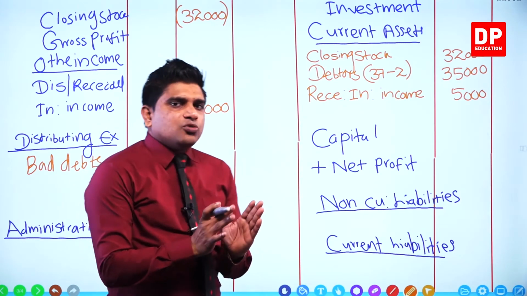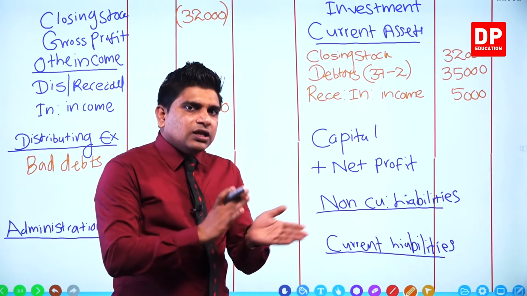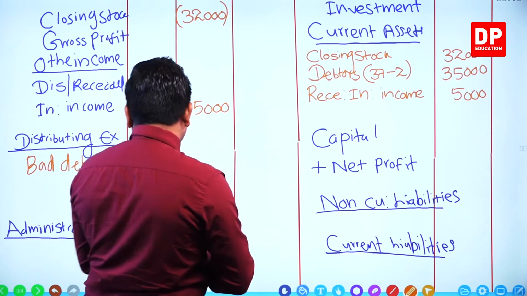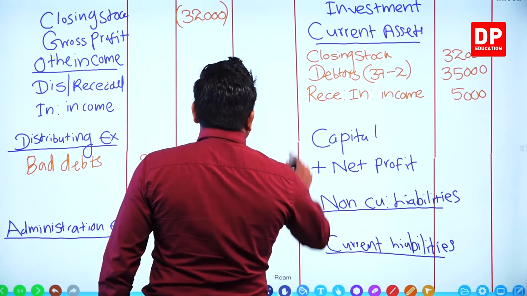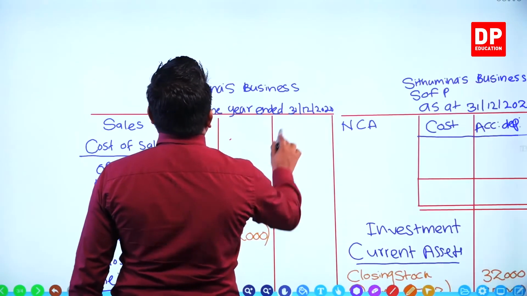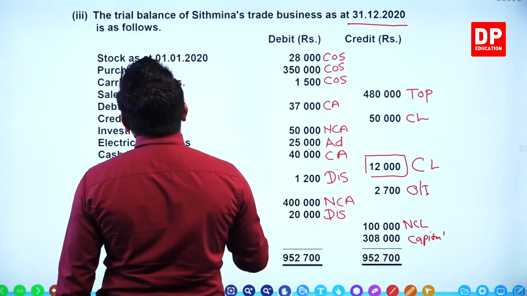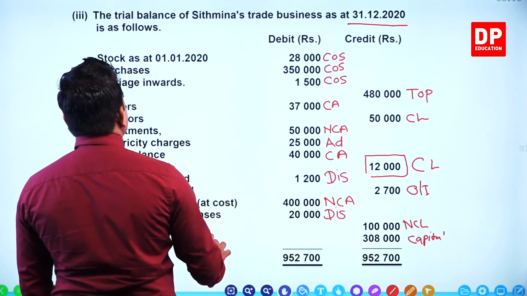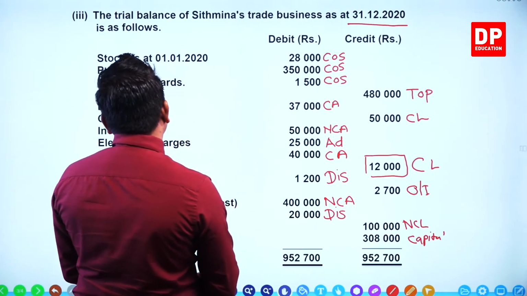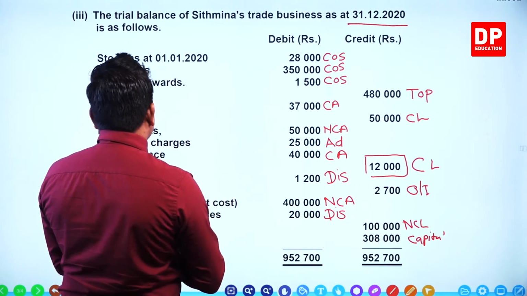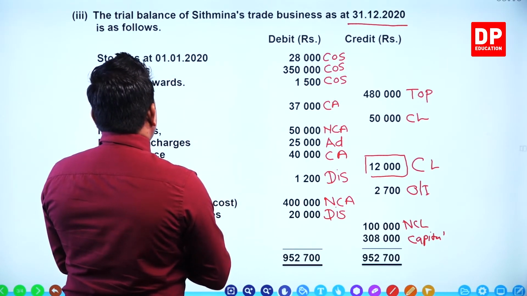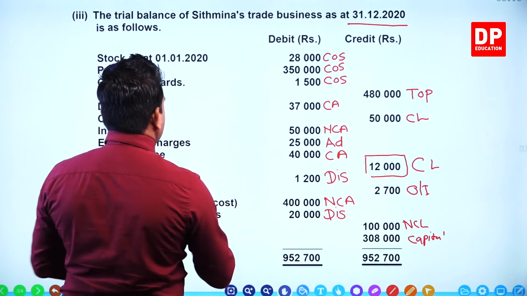Now all the adjustments finish. Now you move to the question details, right? See, what's the first one? Stock we have taken. No, we didn't take. We have taken only the closing stock. Stock 28,000, purchase 350,000.